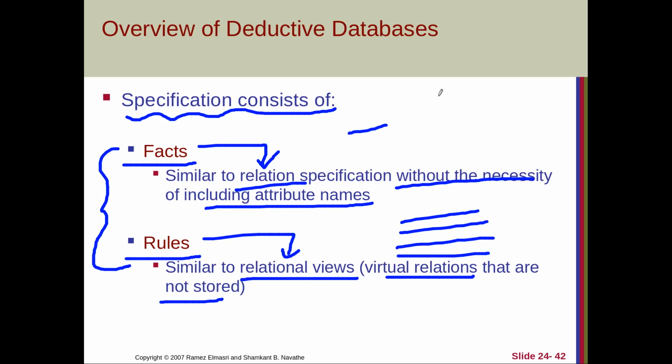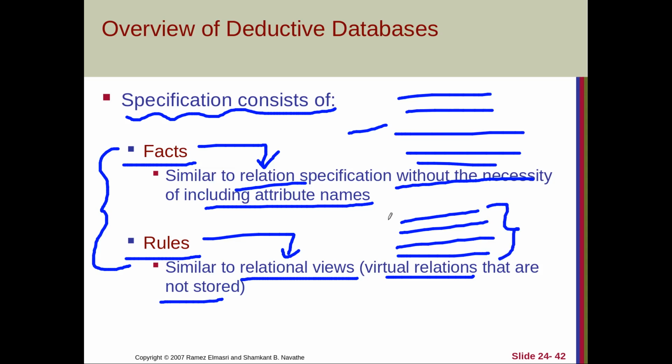We have some data that is exactly stored, then we define rules which are not exactly stored, similar to views in normal databases, but these view contents can be utilized for deriving information from the existing facts. So we are storing facts, and we are also storing rules: facts as a relation table, rules as a separate virtual table.